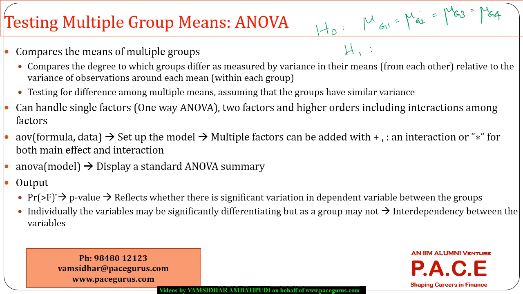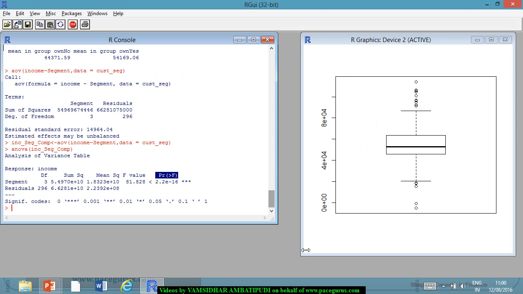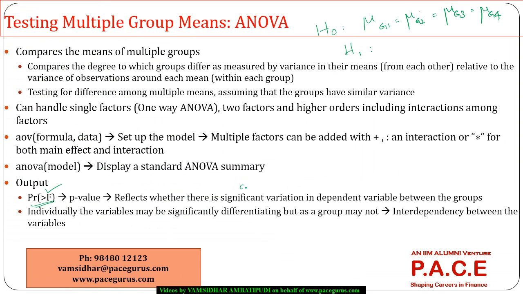So when I am executing it and looking at the output, the probability of greater than F, the value, is very important. Here it is showing 2.2 into 10 to the power of minus 16. This is actually the p-value. So this is less than 0.05, my decision will go in favor of the alternate hypothesis.